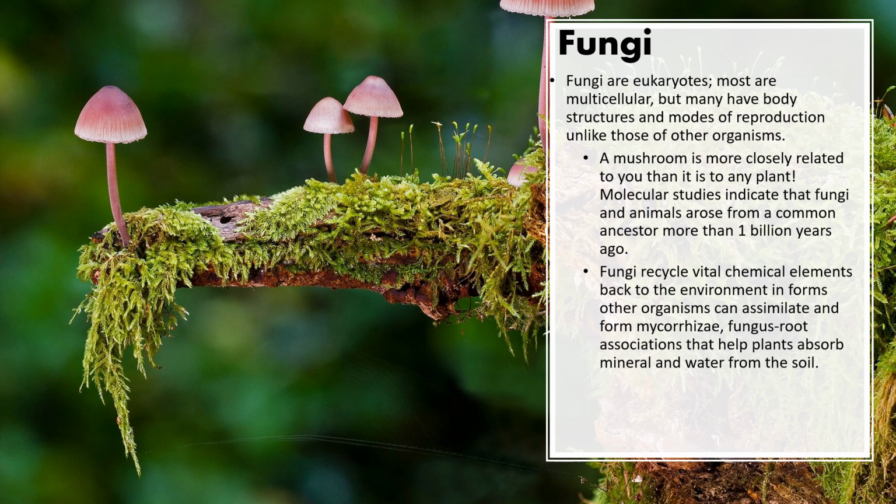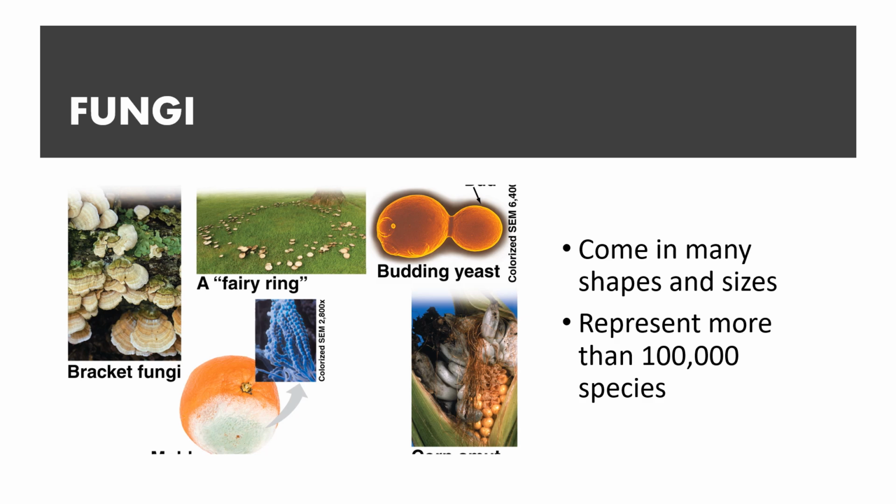Fungi are also extremely important for the success of many plants because of the mycorrhizae that we've talked about before, which is this fungus-root association that helps plants absorb more minerals and water from the soil. Fungi come in lots of different shapes and sizes, and there are more than 100,000 species. Here we can just see a few of them, but we are going to go over some of the different groups of fungi.